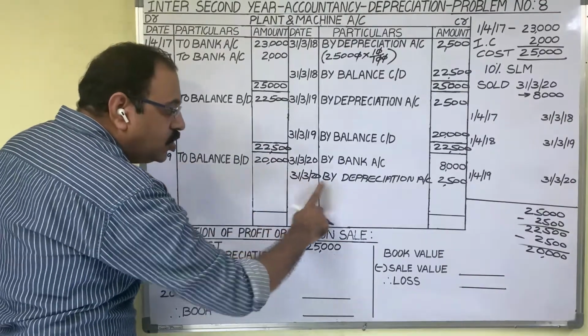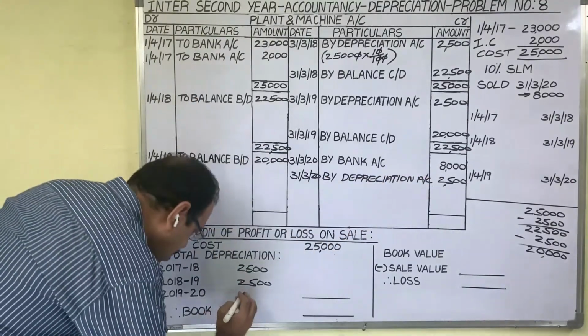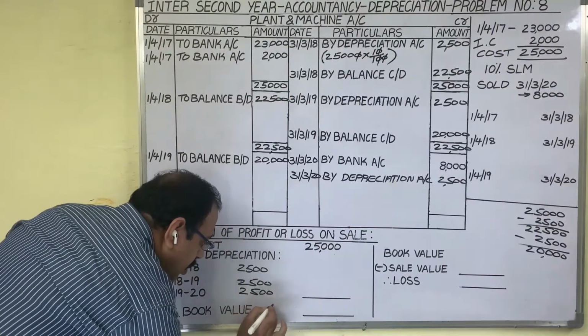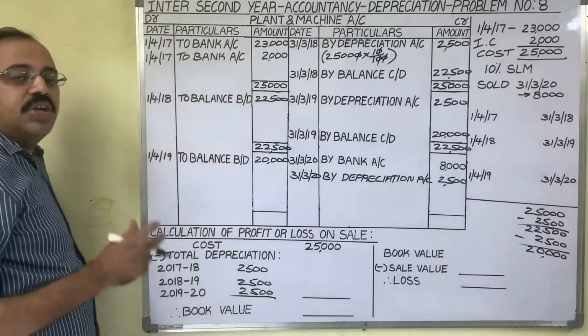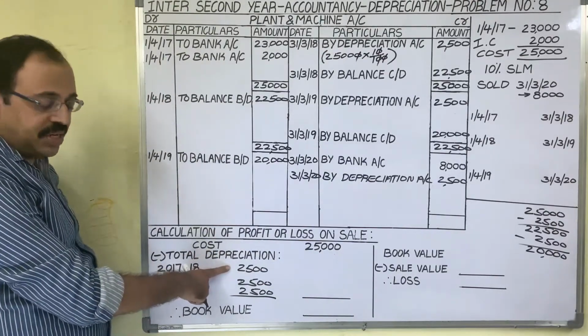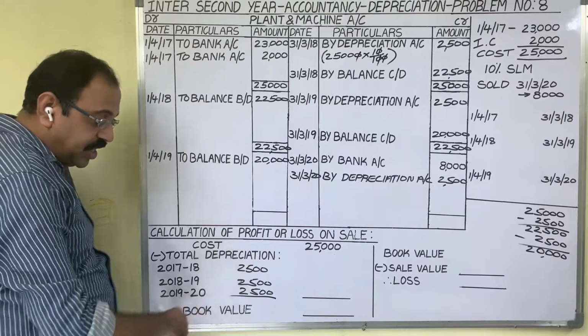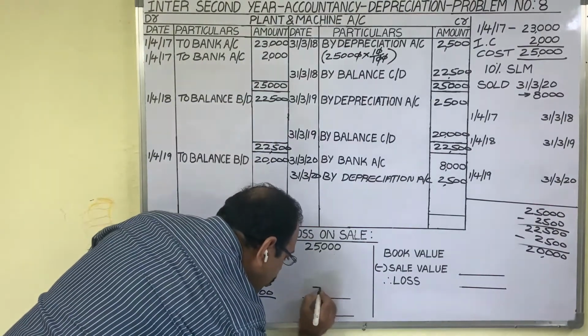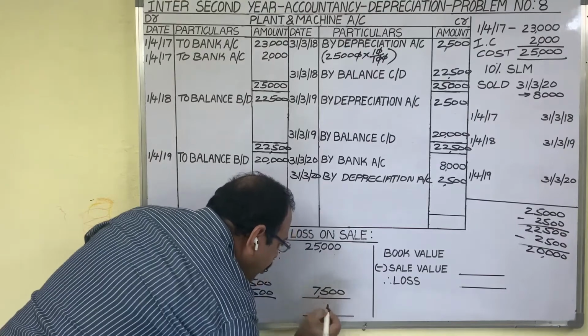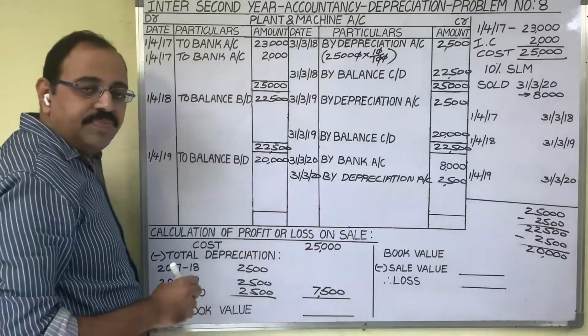In the third year also there is some depreciation. Take that value in the inner column. These three depreciations if you add, you will get total depreciation. So total depreciation is 7,500. Write that below this cost.